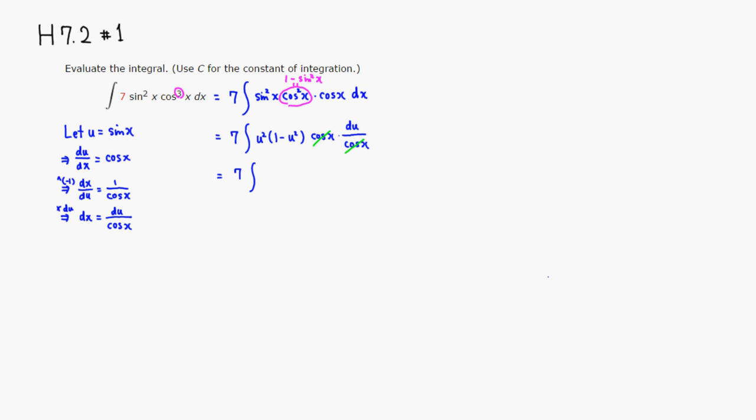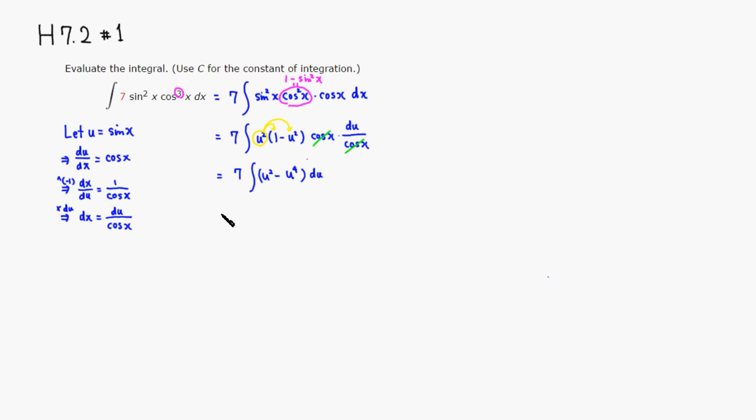I'm going to distribute u squared to 1, so we have u squared, minus, and distribute the u squared to negative u squared, so negative u to the 4th power, with respect to u.